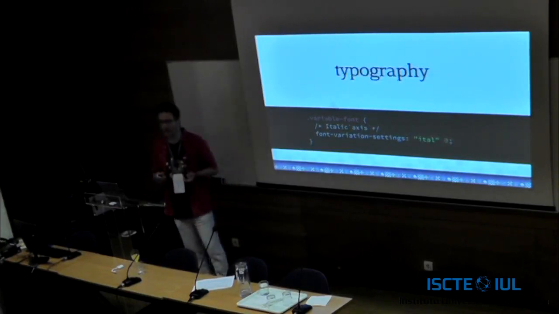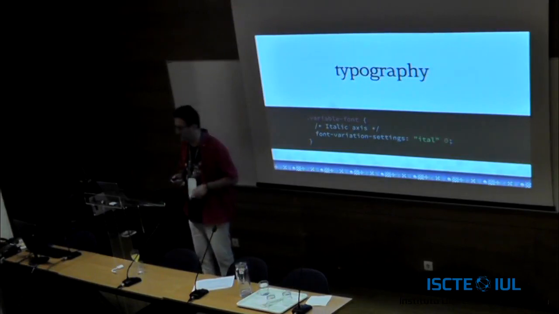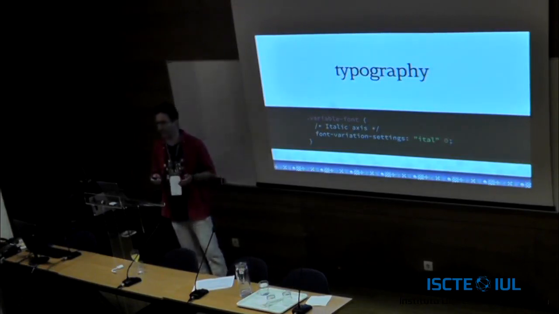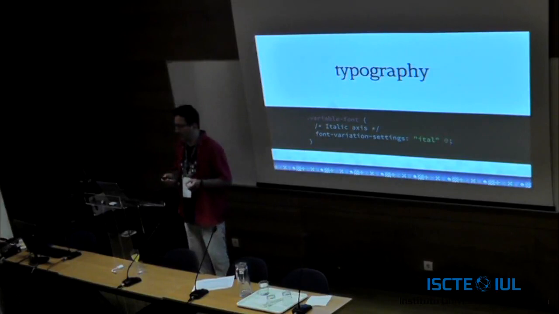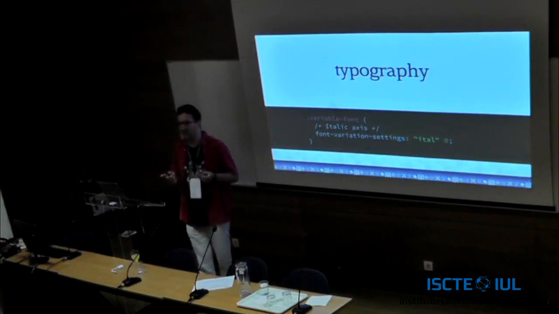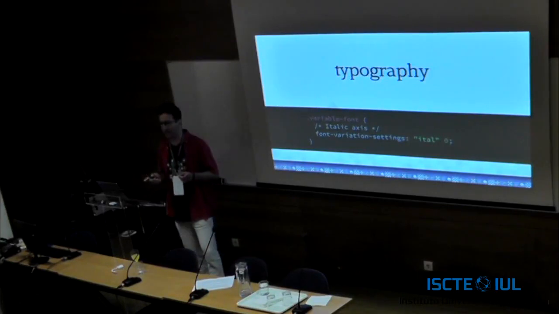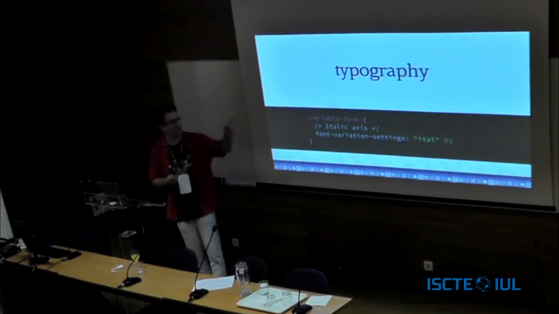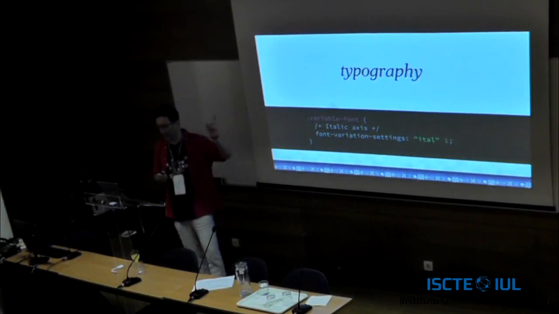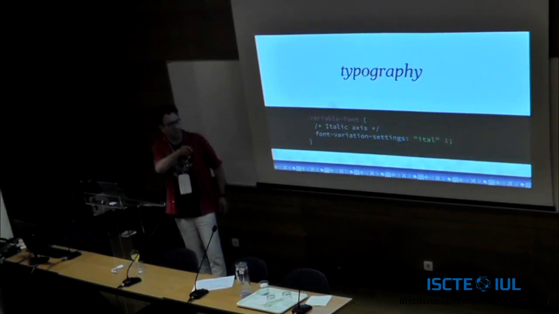Okay, the next one. This is an interesting thing. This is the italic setting. You will see this setting option very rarely, I think, because a normal font and an italic font usually are very, very different. Just look at this letter G here and here.